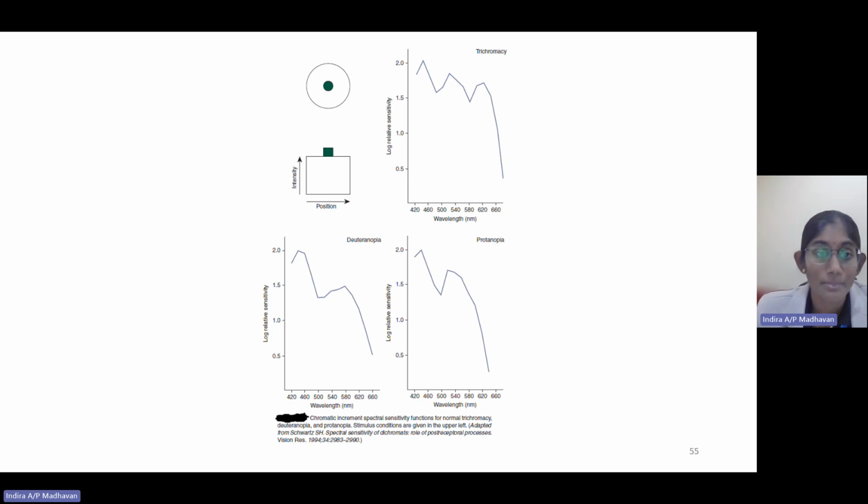But patients with protanopia and deuteranopia only have 2 types of cone, so obviously they are going to have only 2 peaks. In protanopia, they won't have the red cones, so they only have this and this. While for deuteranopia, they don't have the middle one. They only have the small one and also the longer one, but the middle one would be missing because they don't have that cone.